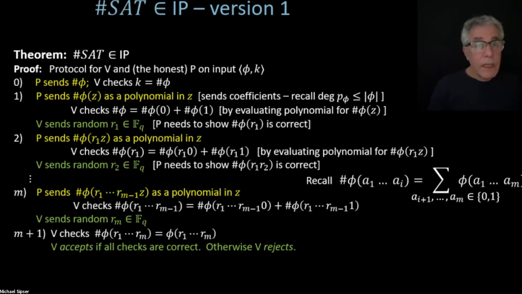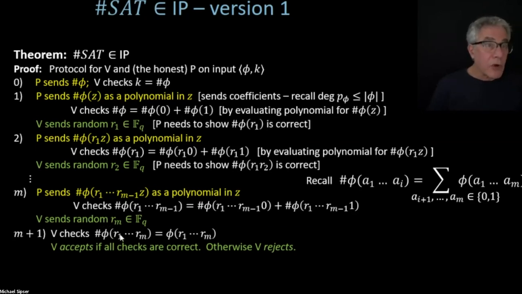So similarly in attempt 1, the prover can keep lying by continuing to pick polynomials, by lying about the polynomials, but eventually it's going to get caught because this value is going to be the wrong value.